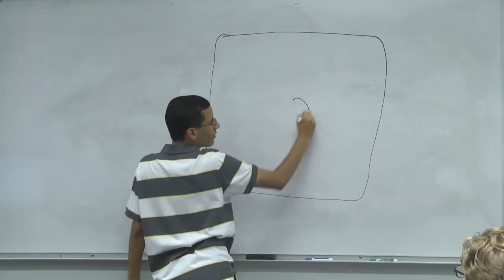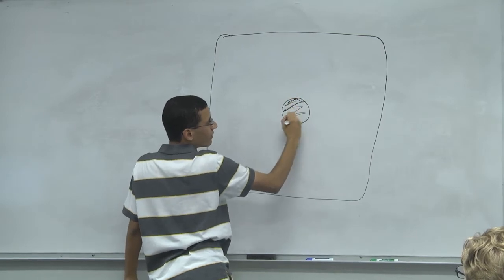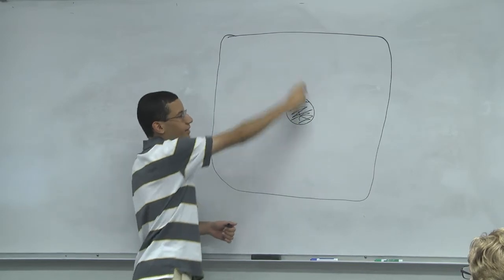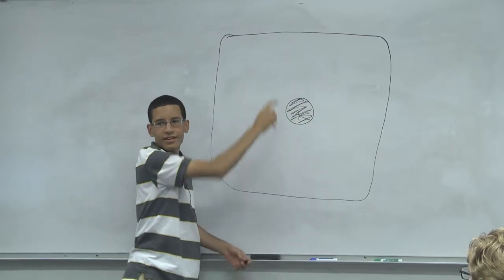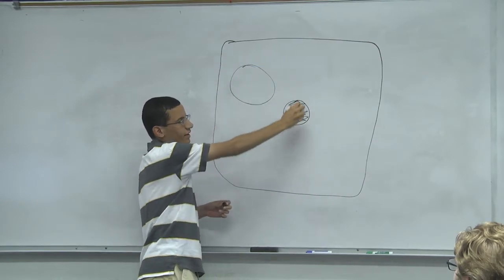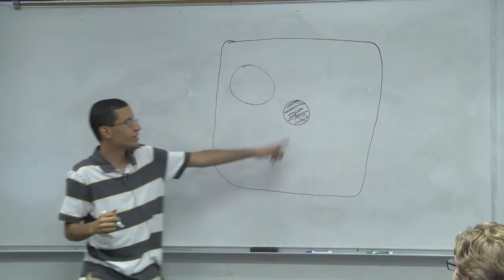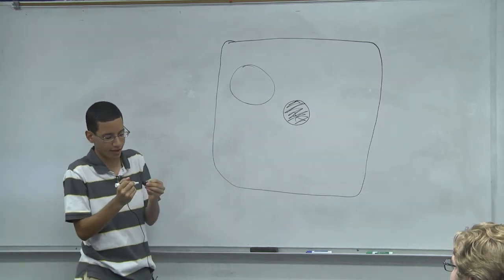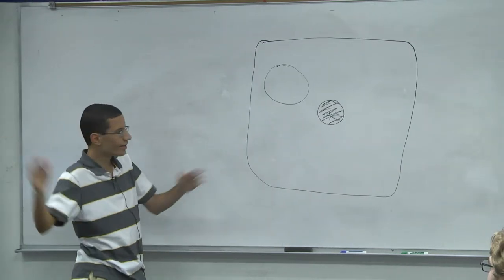We're just going to have a circle, and this circle is going to be the player. The player is going to be able to move the character around up, down, left, right on the screen. And then there's going to be an enemy circle. The goal of the game is that the circle is going to be chasing you and you need to dodge it, and if you let it collide with you or touch you, then you die. That's what we're making.